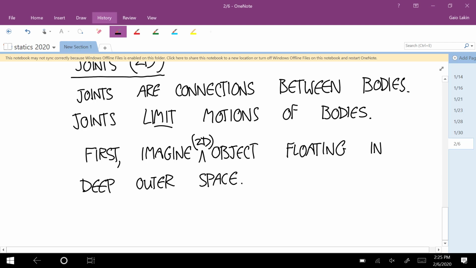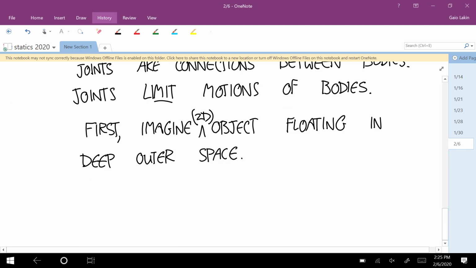Well, there are 3 different types of motions you can produce with this object. And these 3 types of motions are called the degrees of freedom. 3 motions possible.